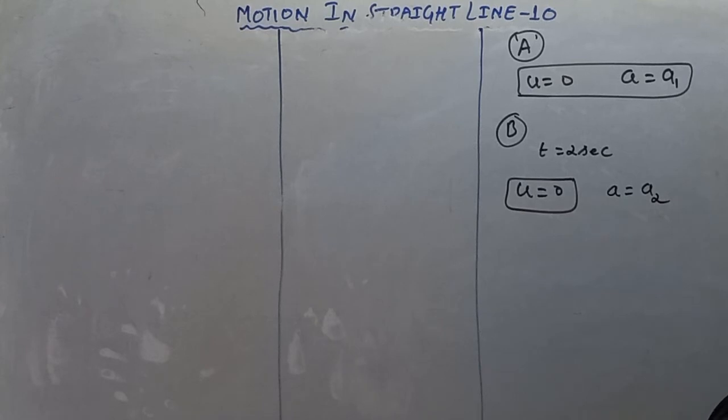If they travel equal distances in the 5th second after the start of A, then the ratio a1 to a2 is equal to what?